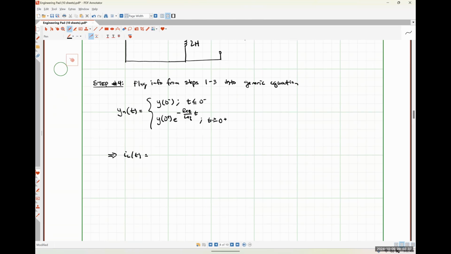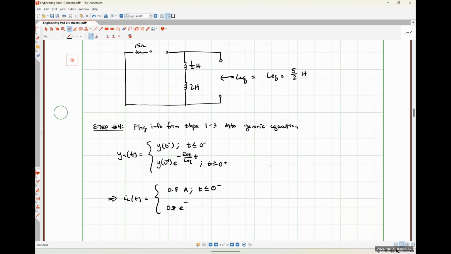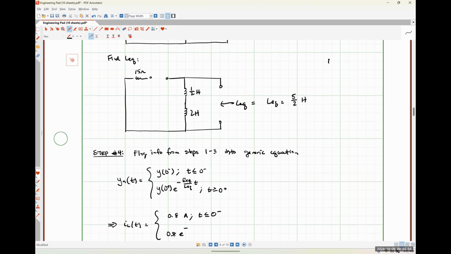So from that, IL of t is simply going to be 0.8 amps for all time less than or equal to 0 minus, and then it'll be 0.8 e to the negative, so let's see. So REQ over LEQ is 5 ohms over 5 halves of a Henry.